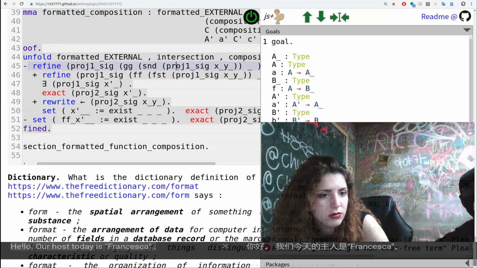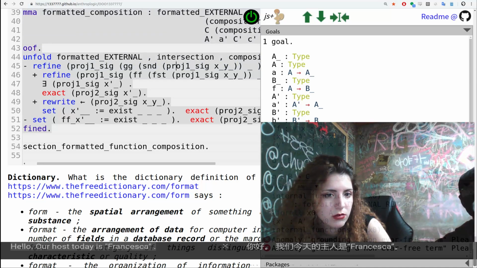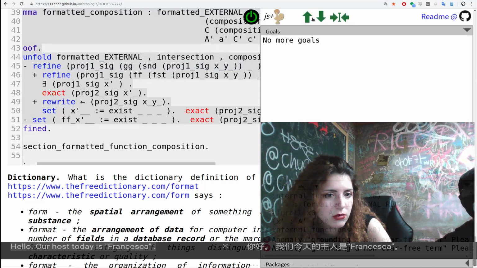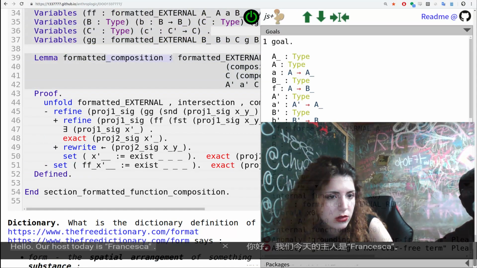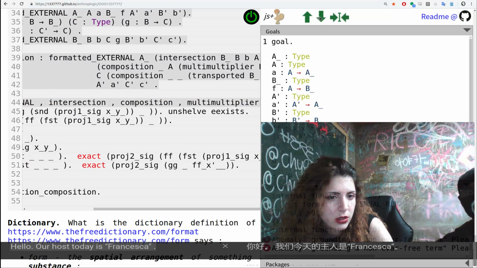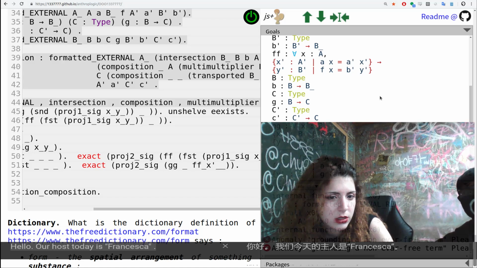Maybe let me just go through this proof one time, just so you see. You are trying to define this composition. So you just go downstairs. Now the goal is longer. You see this?